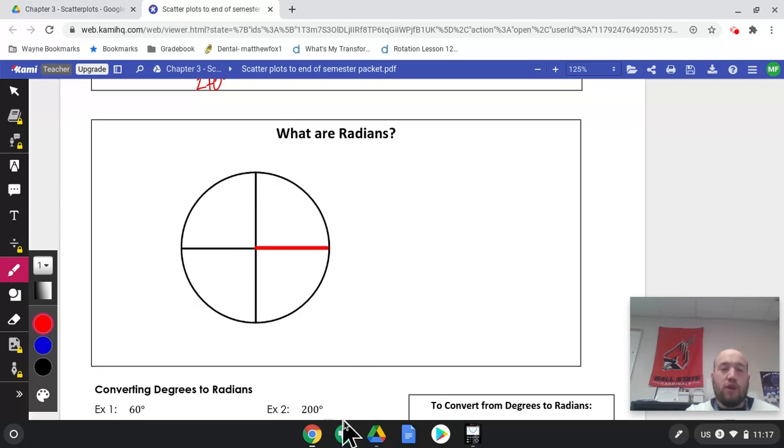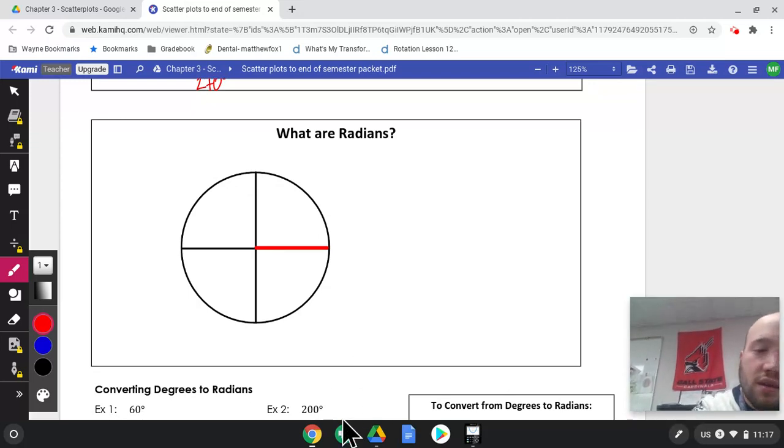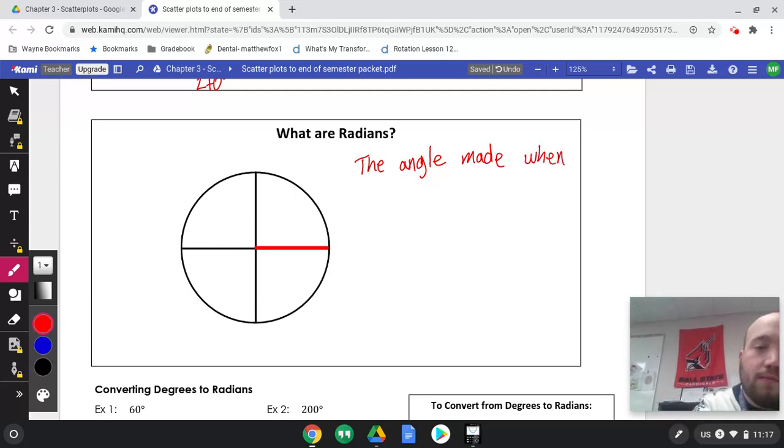So, what are radians? And radians, I'll write this down. Make sure you get this down. Even if you don't have the notes, at least write it down somewhere. It's the angle made when the radius is wrapped around the circle.